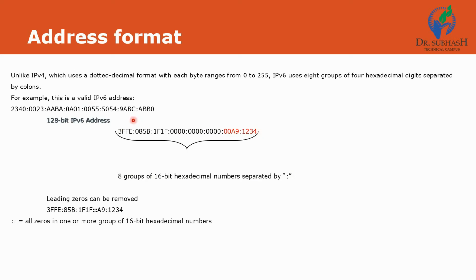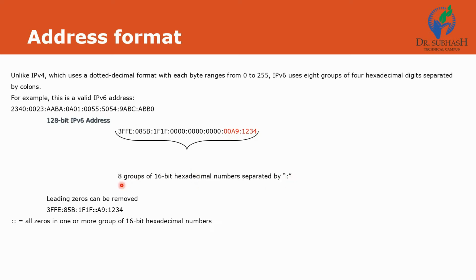In IPv4 we have 4 different groups. In IPv6 we have a total of 8 different groups, and all 8 groups have 16 bits, but here we have to use the hexadecimal number system to represent each value, and all the groups are separated by colon.